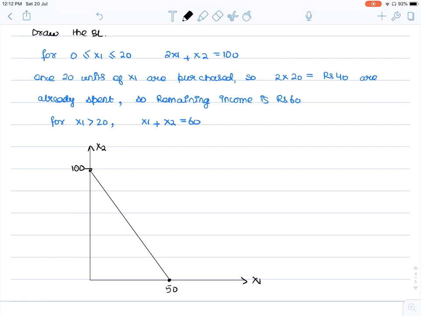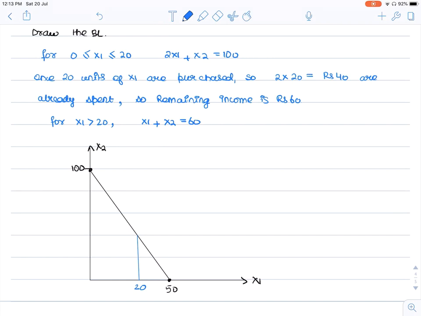That's the initial budget line. Is that right? That is right. So if you have consumed 20 units of X1, and you are on the same budget line, it means that you can consume 60 units of X2.